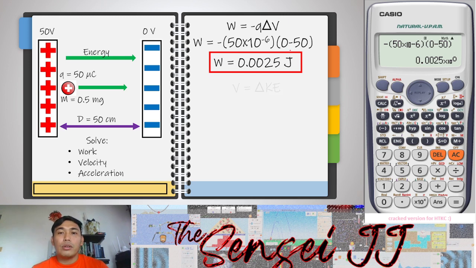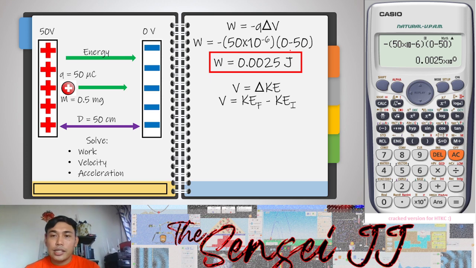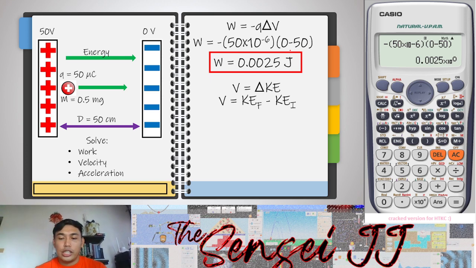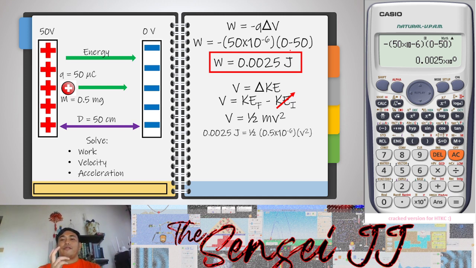So how about the next thing? We have here our electric potential. So electric potential is KEF minus KEI. We can cancel our initial and we can focus on our final. So we have here one half mass times velocity squared.